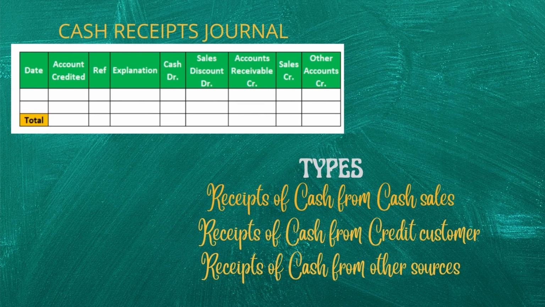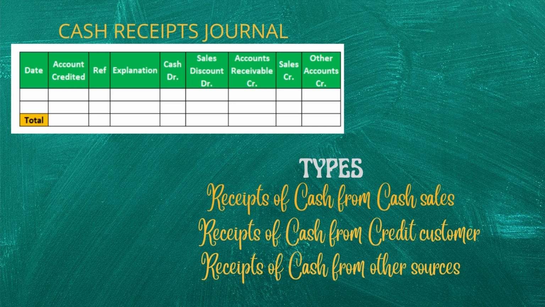Cash receipts journal is a book used to record all collections made in cash, such as for accounts receivable, merchandise sold, and interest income. So there are three types of cash receipts: receipts of cash from cash sales, receipts of cash from credit customers, and lastly from other sources.